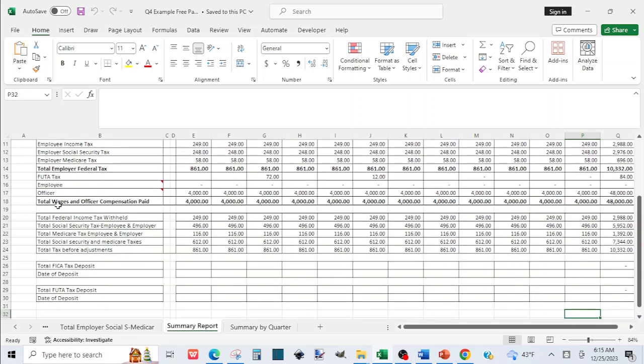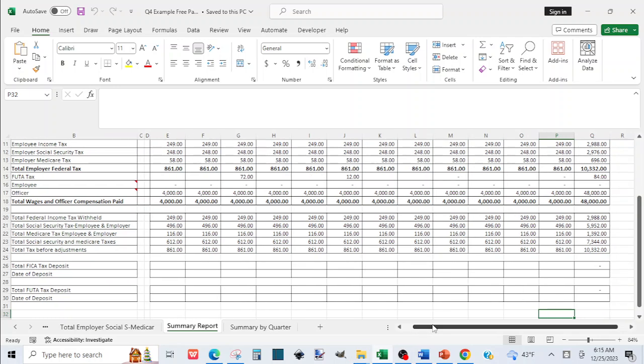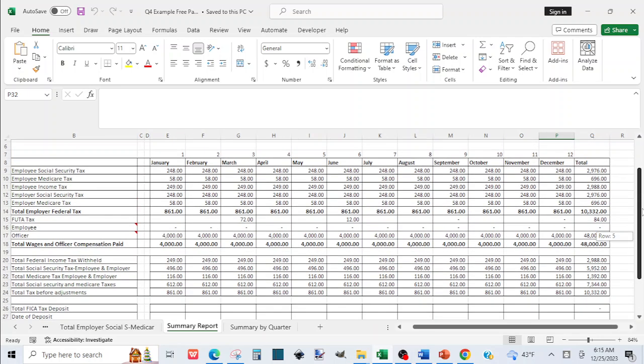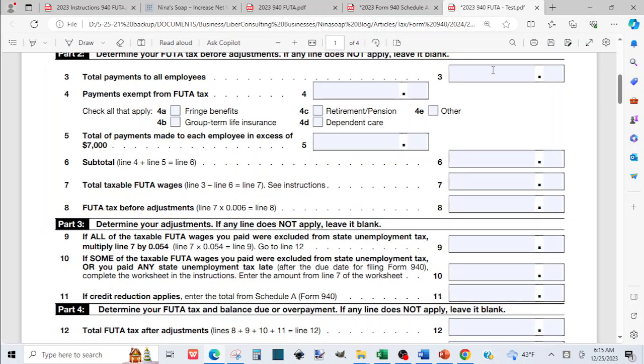They are asking for the total wages and officer compensation to all employees for the whole year, and that will be 48,000 in this example. Therefore, we'll go to line 3 and put 48,000. On Form 940, you can round it or not. I'm not going to round it, therefore I'm going to enter something in the decimal section.